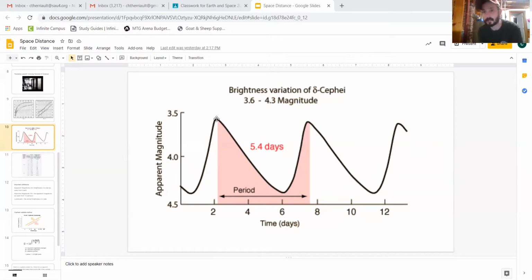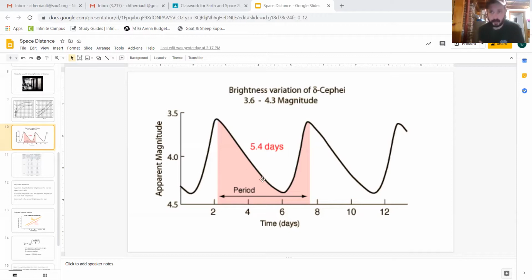What we're going to want for our calculation is actually the average. So what you have to do is you have to add those numbers, 3.6 plus 4.3, and divide by 2 to get an average apparent magnitude of 3.95.